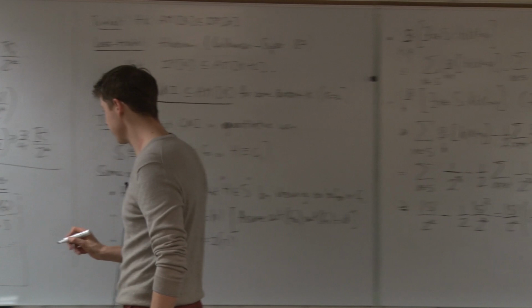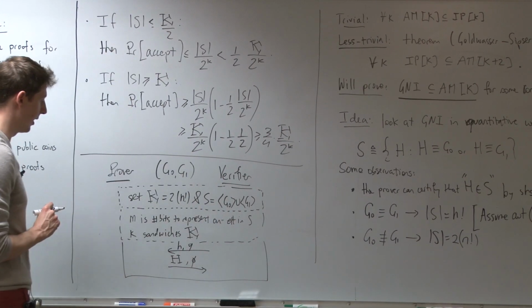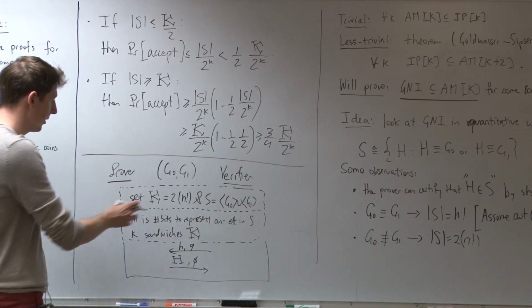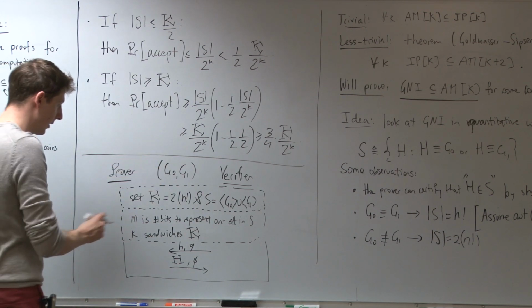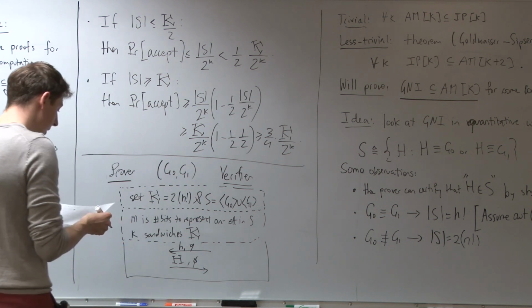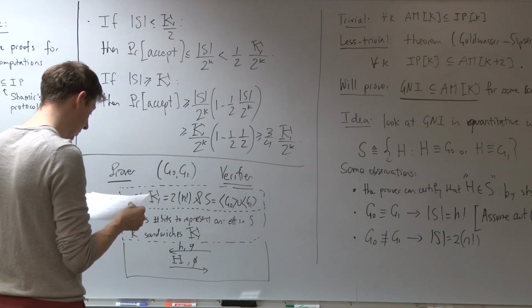Together with an isomorphism phi that certifies that capital H is indeed in this set S. Okay? So I'm just tying back how things look like there. And let's analyze completeness and soundness and figure out how to make that assumption hold.